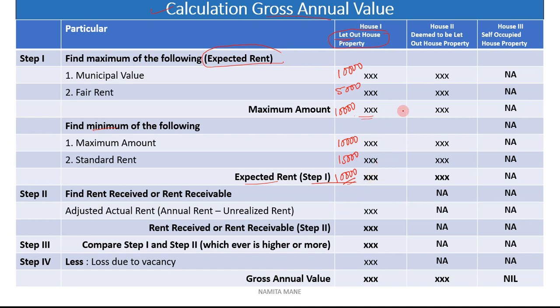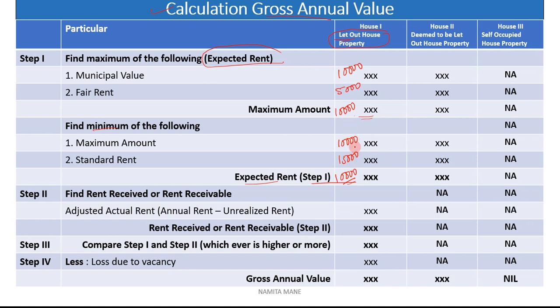Clear? Now for example, suppose fair rent is 10,000 and municipal value is 5,000. Which amount will you take? You will take the fair rent amount, because it is maximum. Then next, suppose standard rent is 5,000 rupees.